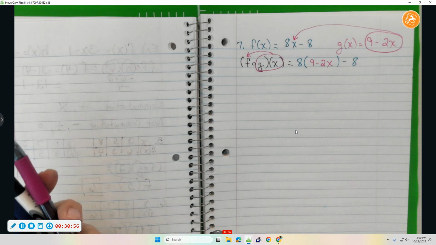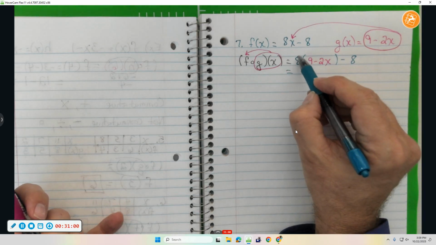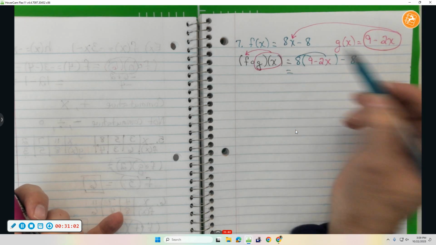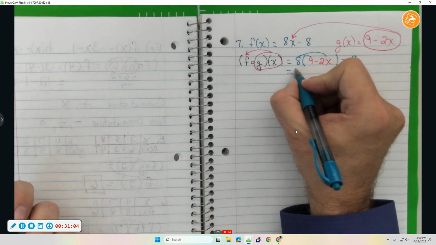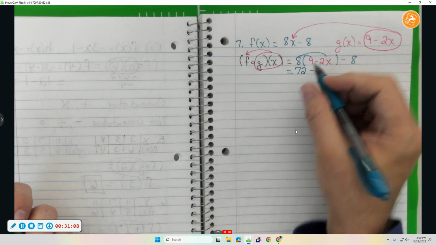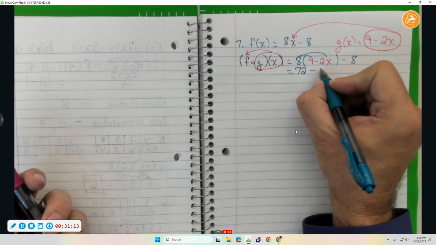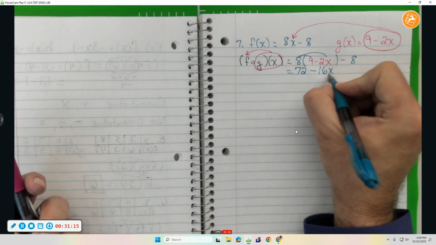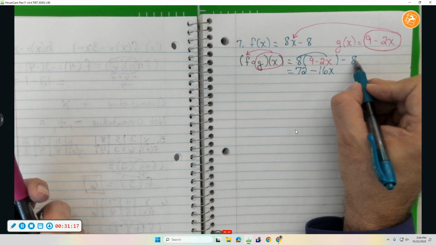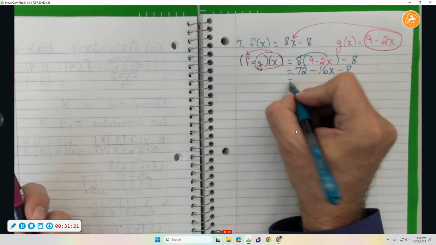Now, let's see. What would y'all do to simplify this? I guess we could distribute this 8. Tim, do you want to try to get them to say answers? We'd have 72 minus 16x. And we still have the minus 8. So what are we going to have here?